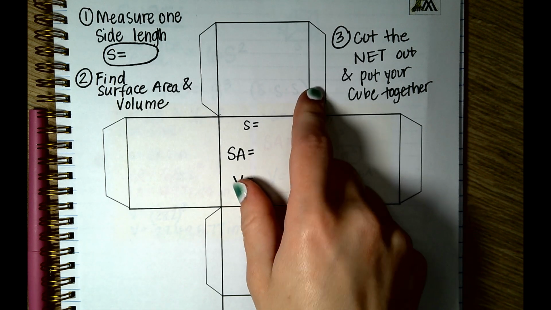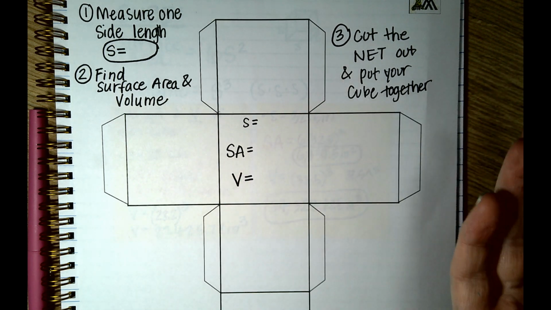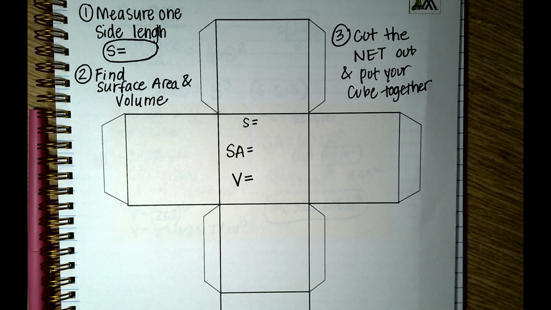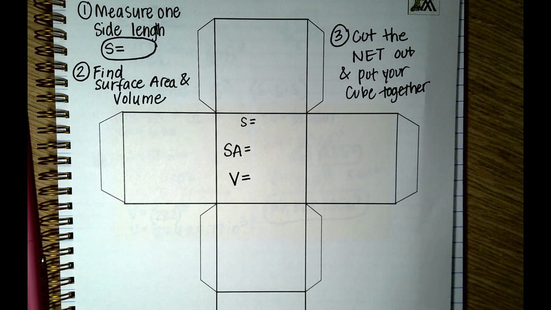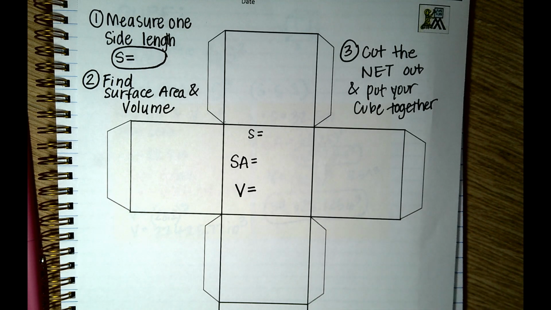If you don't want to include the tabs, you don't have to, but sometimes it makes putting your cube together a little bit easier. So I am going to cut one out as well, but I'll leave these directions up here.